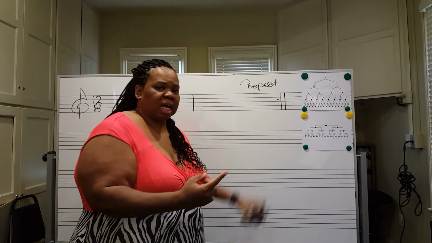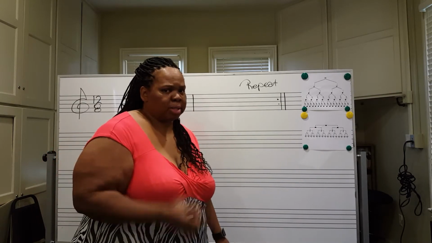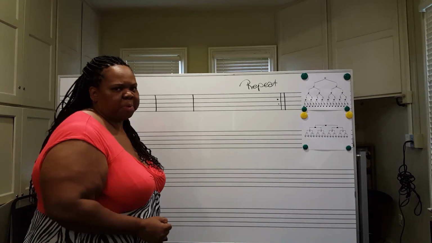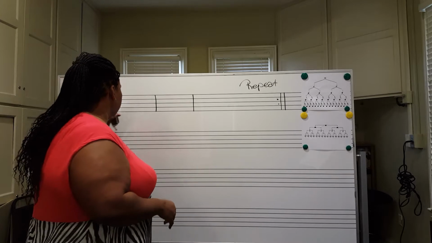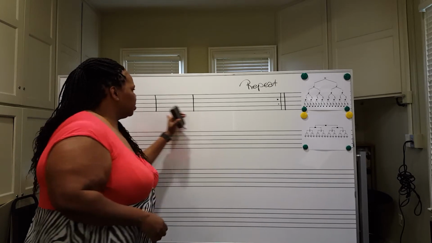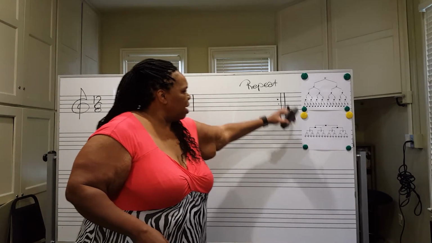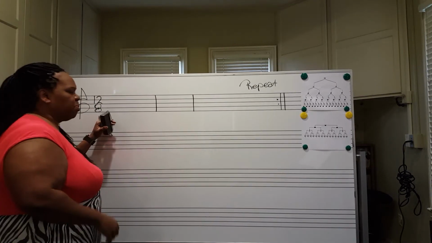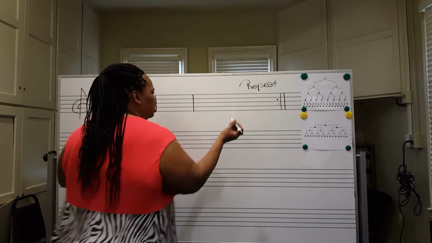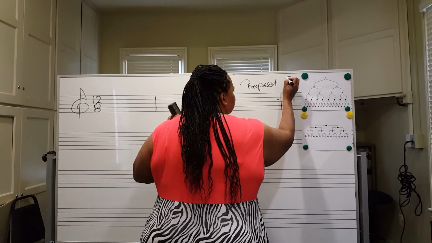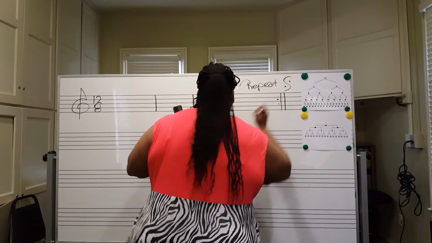You only repeat it once unless the music tells you otherwise. It's rare that the music will tell you to repeat it more than once, but sometimes you'll have it repeating. So this is telling me to sing all of this, start right here, and then come back, in this case, probably to the beginning. Sometimes it will tell you to sing to a certain mark.